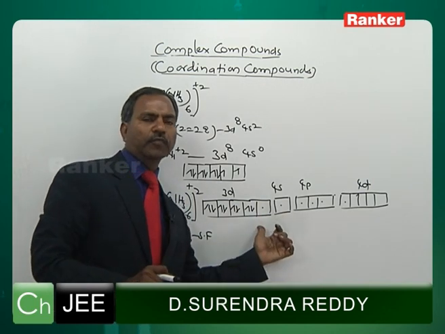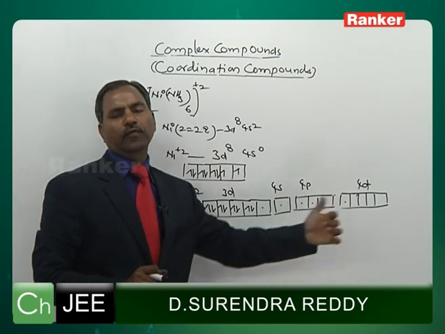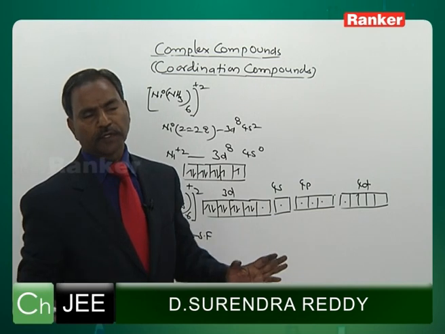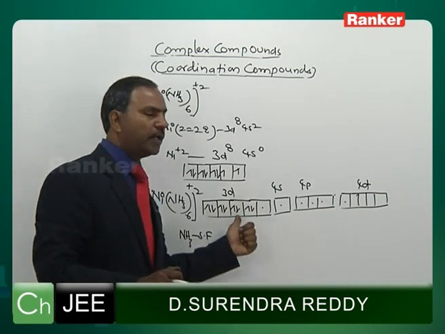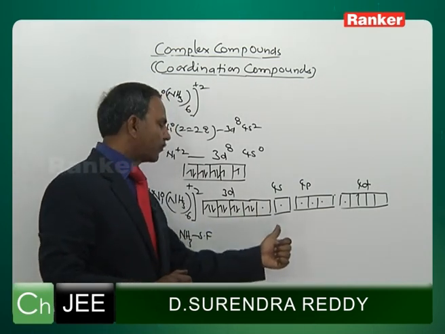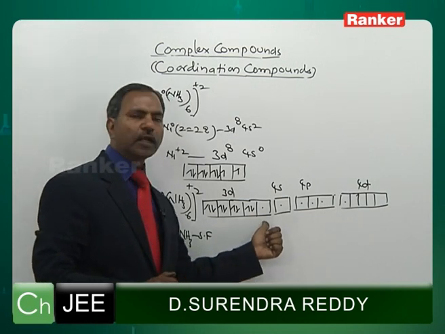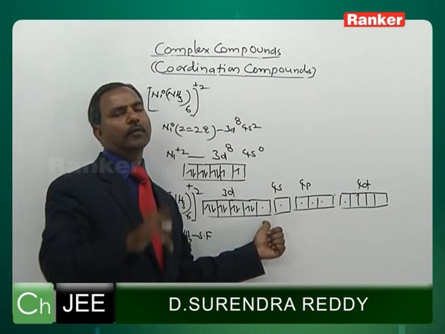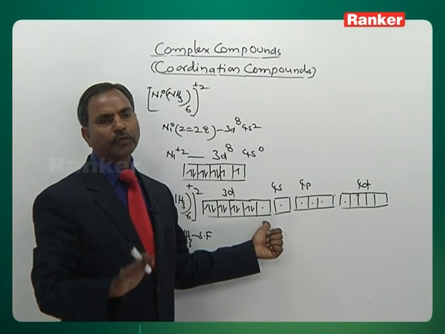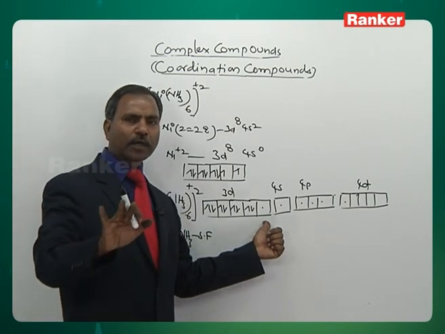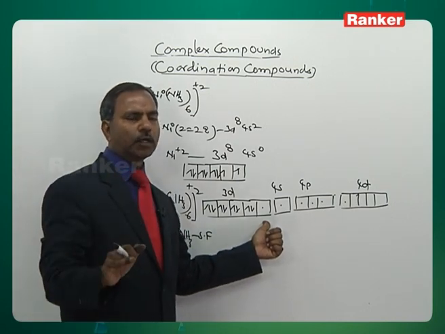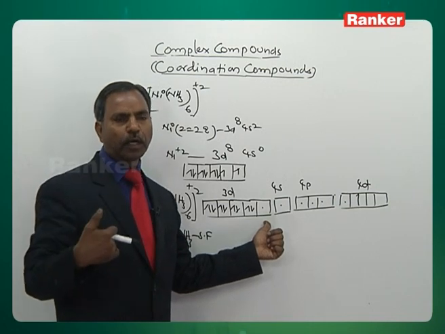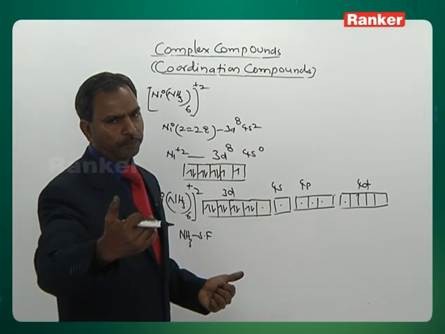But 1 d orbital from 3d and 1 d orbital from 4d never involve in hybridization. So after pairing of the 8 electrons, only 1 orbital is remaining vacant, which is not enough. For octahedral geometry, you compulsorily require 2 d orbitals from 3d or 2 d orbitals from 4d.